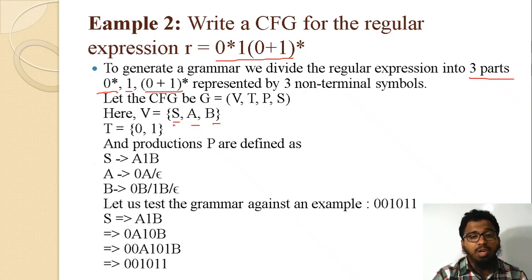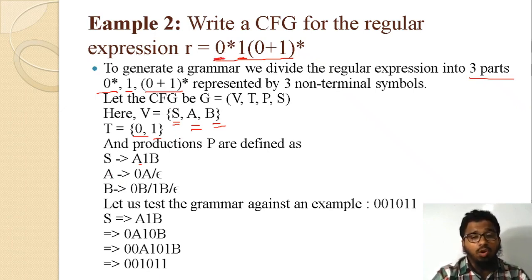What are the three non-terminals? S, A, and B. And what are the terminals? We have only 0, 1. So 0, 1 is a terminal. So in the production, first S goes to A1B. So here we got the 1. This is one part, and the left and right side is there. Now in place of A, what do I want?